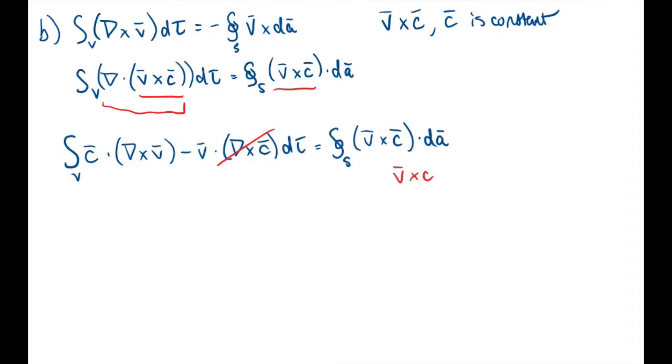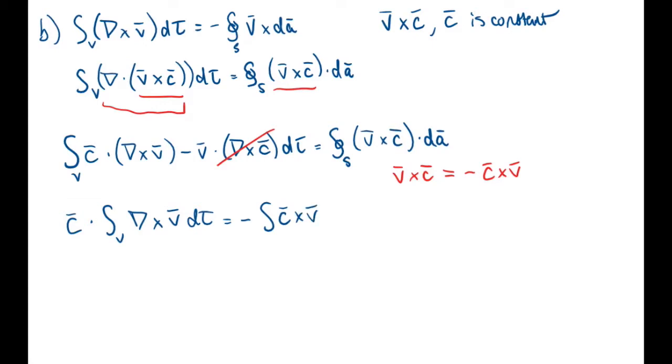If we remember the anticommutativity of cross products, where v cross c equals negative c cross v, this will give us, pulling out the constant, c dot the integral of the curl of v d tau equals negative the integral of c cross v dot dA.